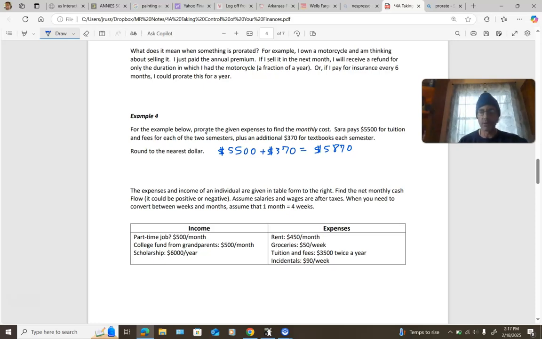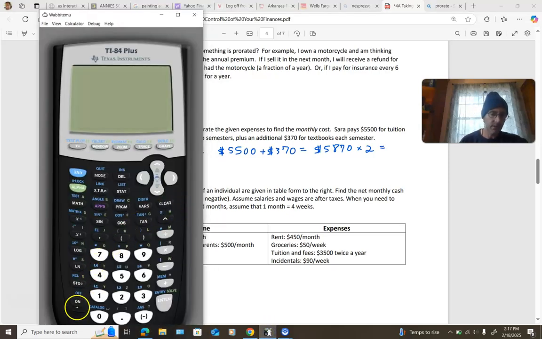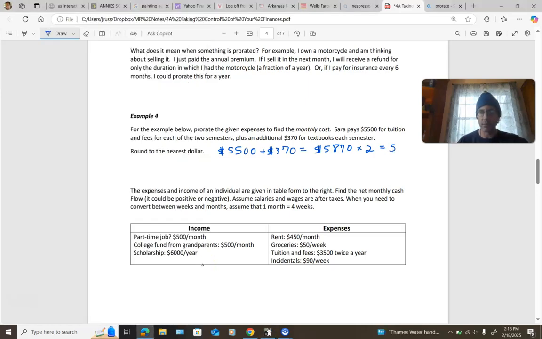Those don't really count. So we're going to multiply this by 2, using my calculator, prorating it on an annual basis. $5,870 times twice a year gives us $11,740.